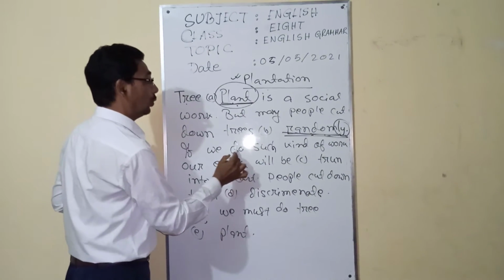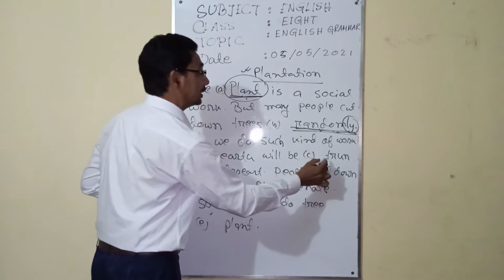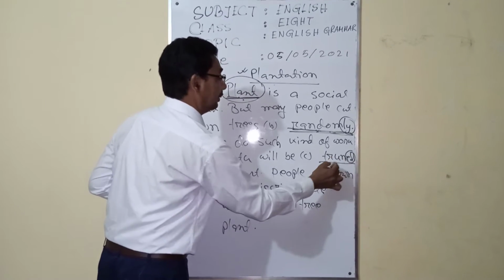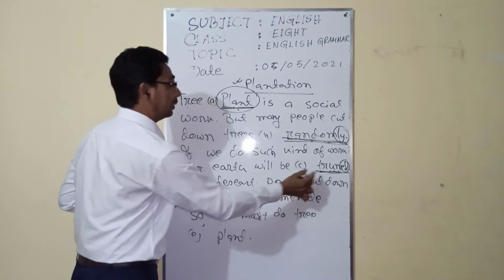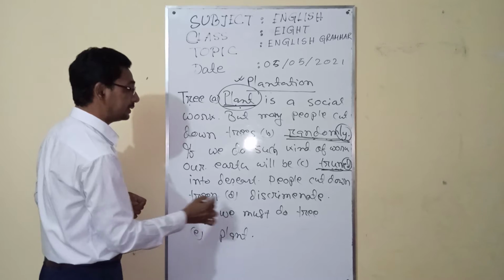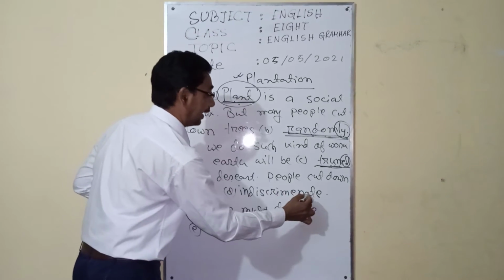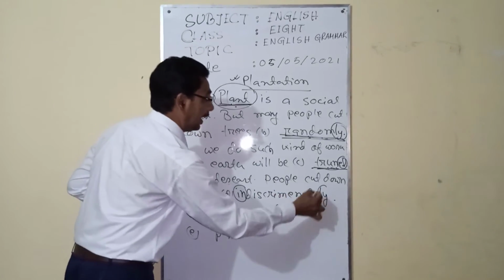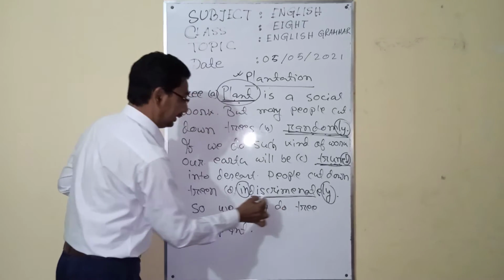If we do such kind of work, our earth will be turned, T-U-R-N-E-D, turned. I have added ed after the main word, turned. Our earth will be turned into desert. People cut down trees indiscriminately. I have added in and ly, and this is an affix. The main word is discriminate.